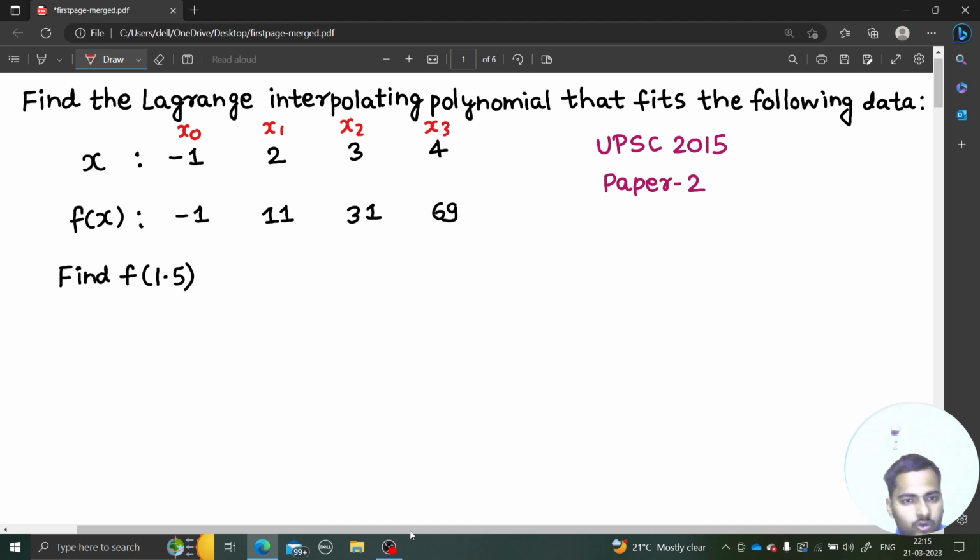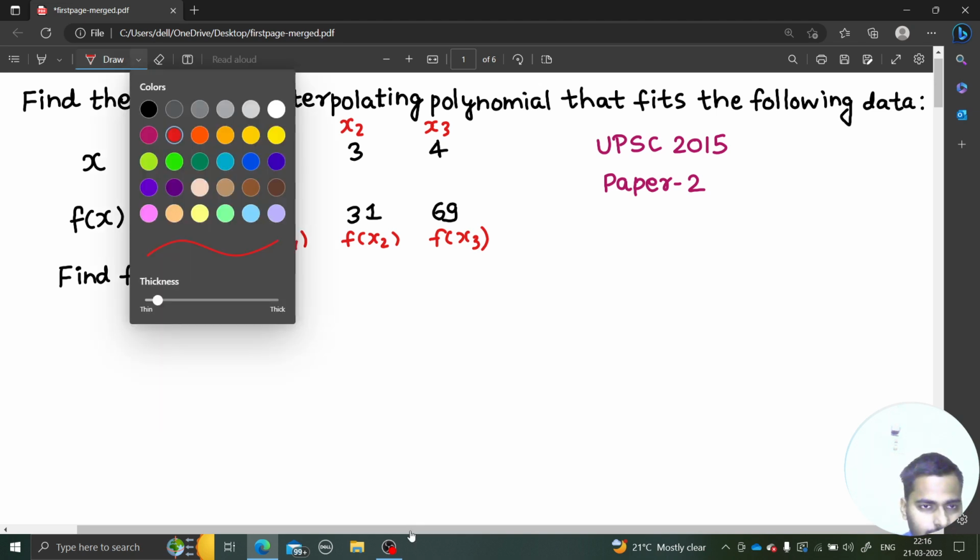Similarly, these will be your f of x0, f of x1, f of x2 and f of x3. It is not that hard and fast that because this appeared in UPSC it's hard. It's a basic problem. It might appear in your university exams as well. So let's solve this.